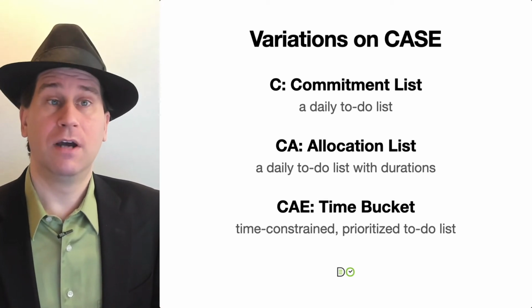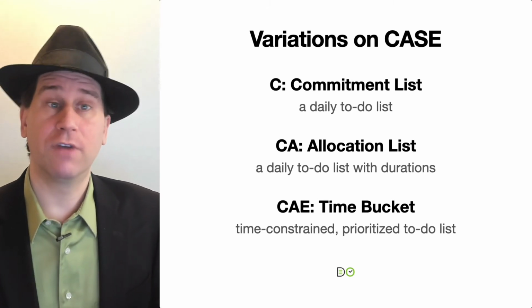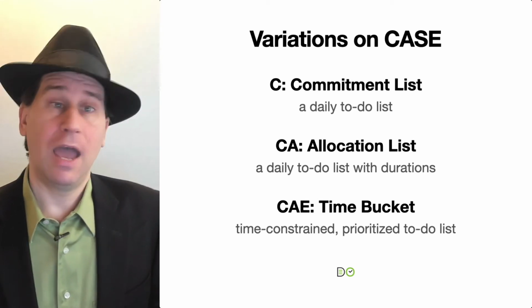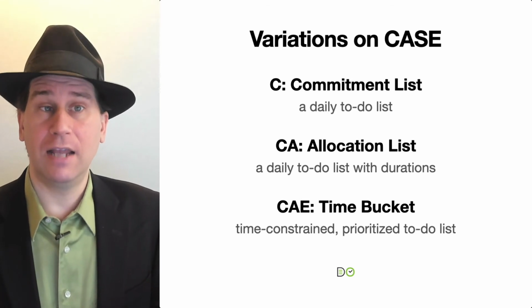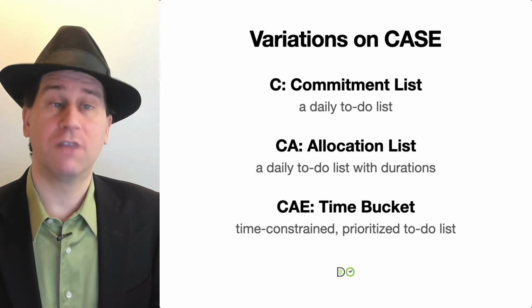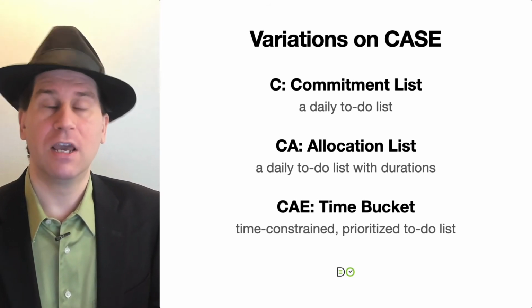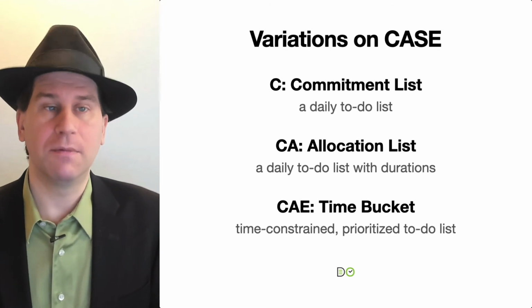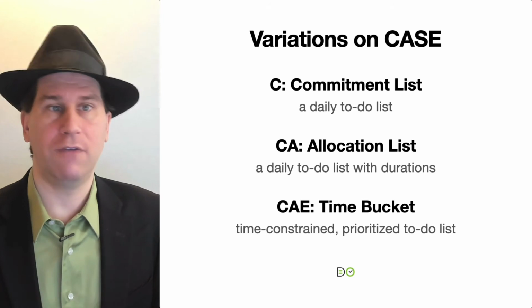Finally, a time bucket is if I do the C and the A and the E step. So if I commit, I allocate, and then I evaluate. A time bucket is like an allocated list, where I've gone through, I've committed to stuff, I've assigned time, but I then specifically constrain myself. I say, I only have this amount of time in my day. I'm only going to be working from 9 until 5, so I only have 8 hours.